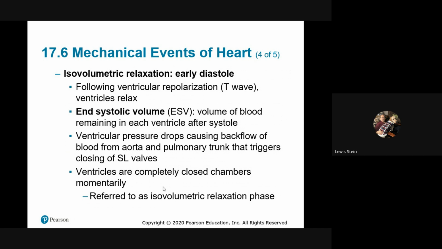Now the blood rushes against those valves, closes them, and rebounds off those valves like waves coming in, the undertow at the ocean. Anytime you have waves coming in, they push against the shore. And that rebound phenomenon allows for that prolonged flow.